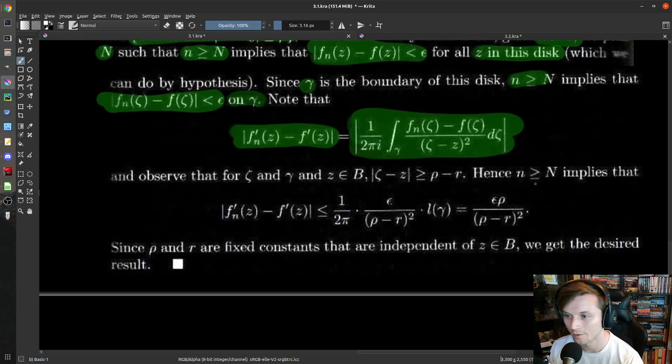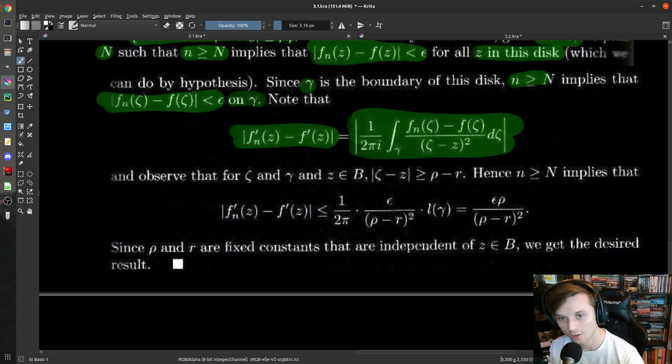Okay, simple. So for n greater than or equal to big N, this implies that, just plug right in here, this is less than or equal to 1 over 2 pi. The i was dropped because we're taking a modulus. Then epsilon, which is just from up here, and at the bottom, rho minus r squared, times the length of that curve gamma.